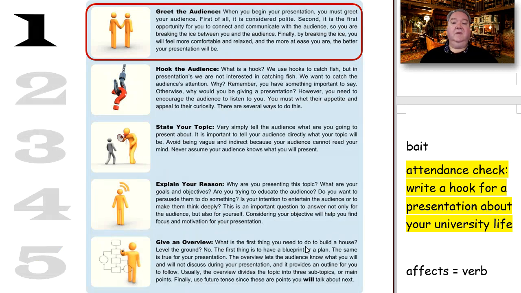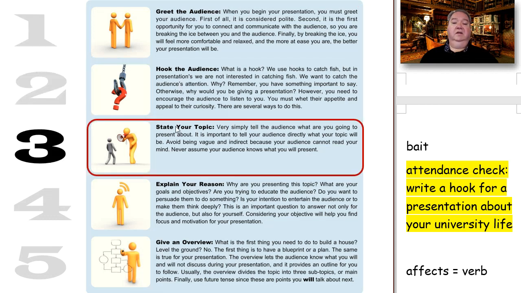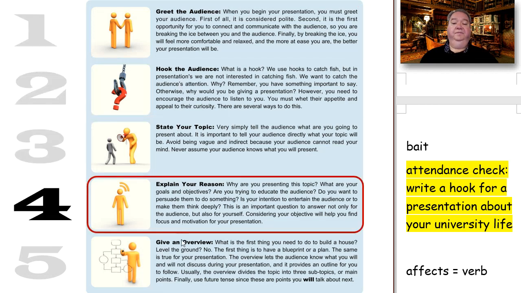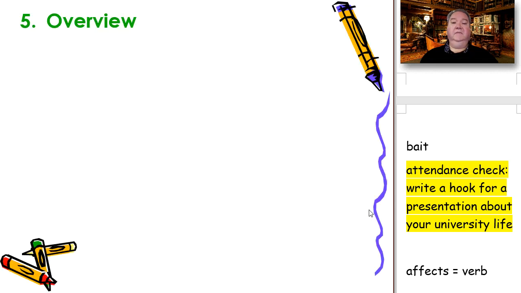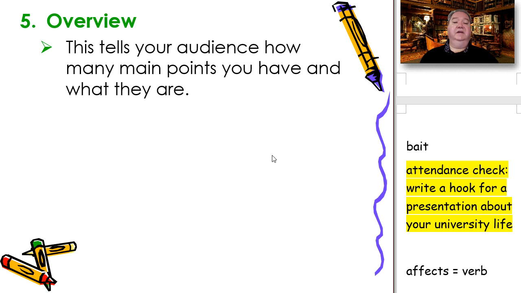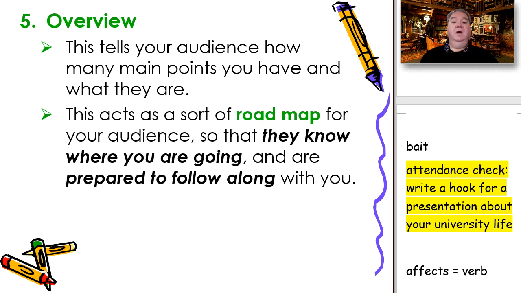Okay, so we've got the greeting, the hook, topic, the reason, and then the overview. In the overview, this tells your audience how many main points you have and what they are. This is sort of a roadmap for your audience, so they know where you're going and they're prepared to follow along with you.